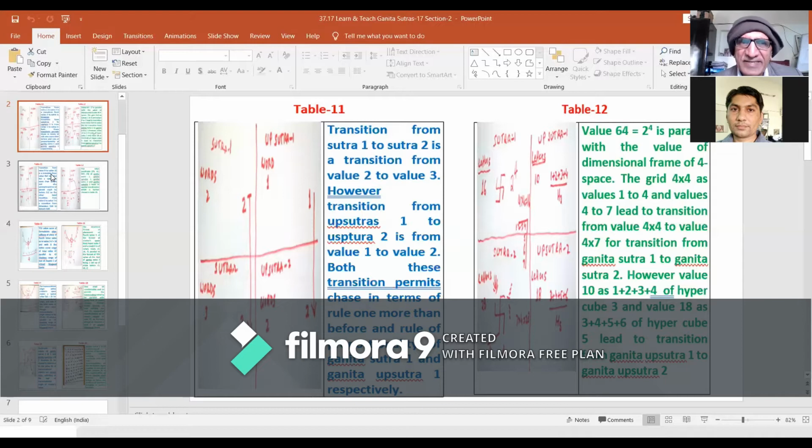In both cases of sutras and upsutras, the rule is one more than before. It takes from 2 to 3 and 1 to 2.